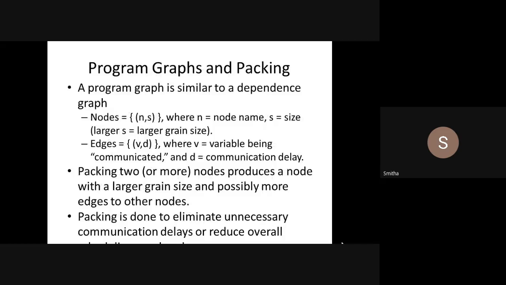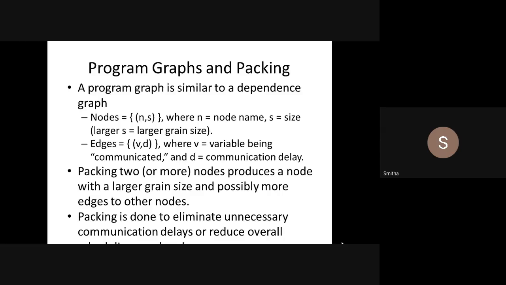Before that, we will use program graphs to represent how the program is divided into different partitions and how each partition is packed together. To understand that, we will have one program graph. First we will see the notations in that graph.